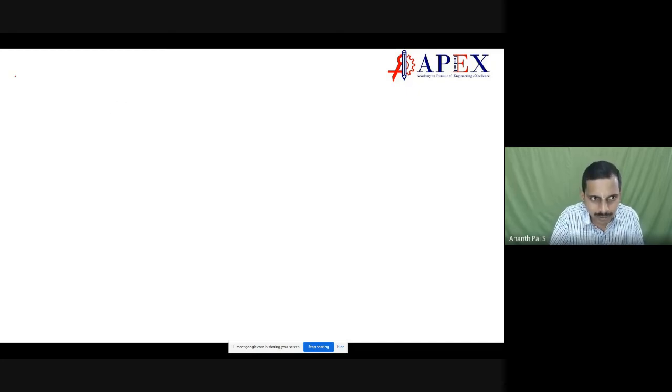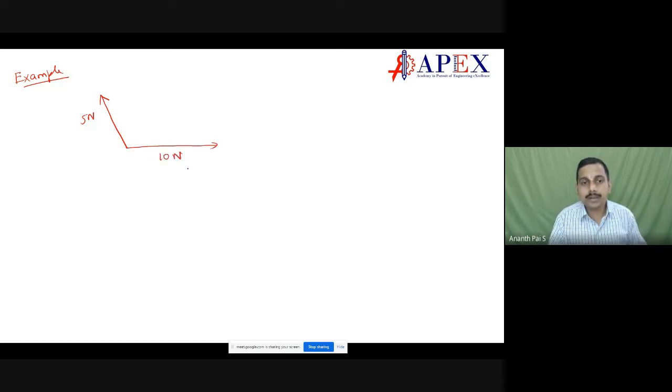If you take an example of, say, a vector of 5 Newton on this side, and on this side another vector, say 10 Newton. What would be the magnitude and direction of the resultant vector?